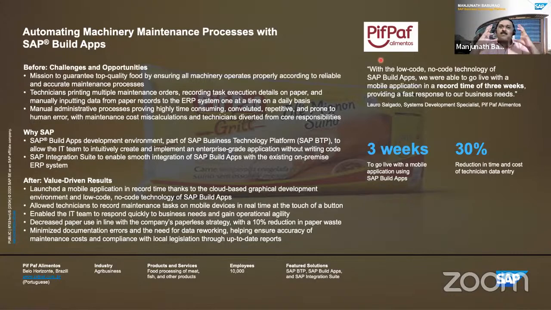Now, this was a problem statement where PIFPAF technicians who used to go to their manufacturing plants used to get their maintenance orders on paper. They used to check the machines, do a regular maintenance, and then fill a form on the state of the machine, what they have changed, what they have done.